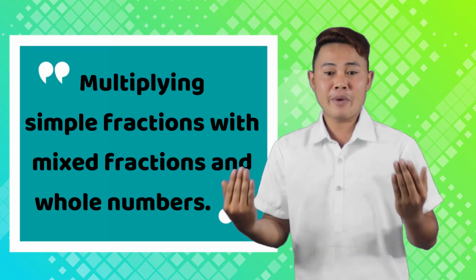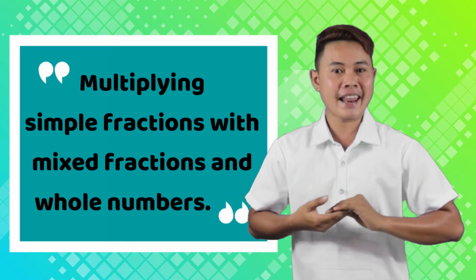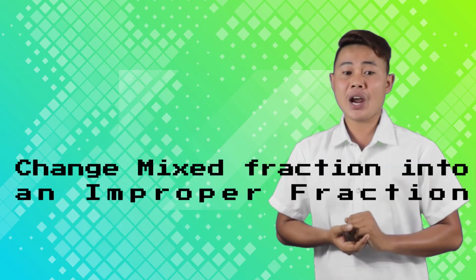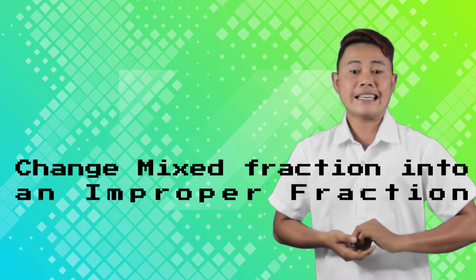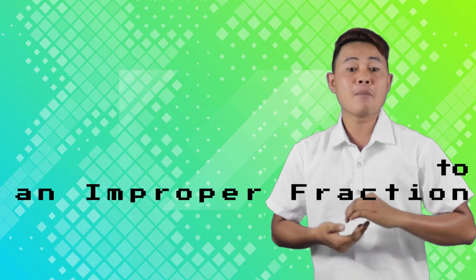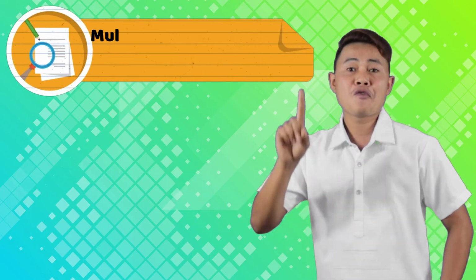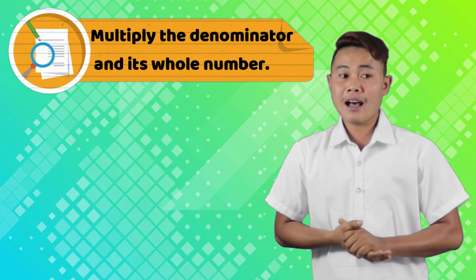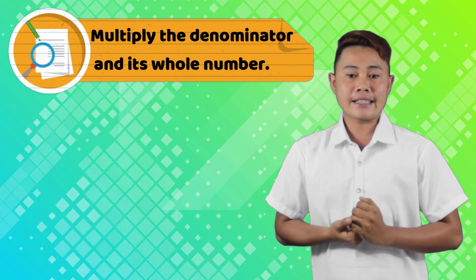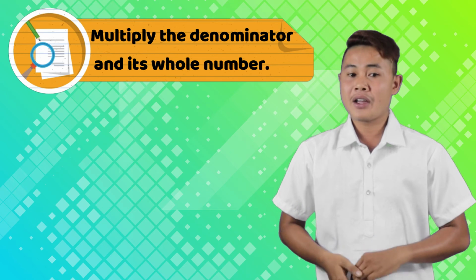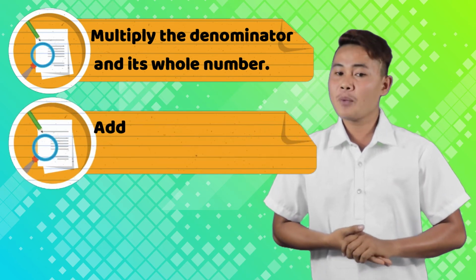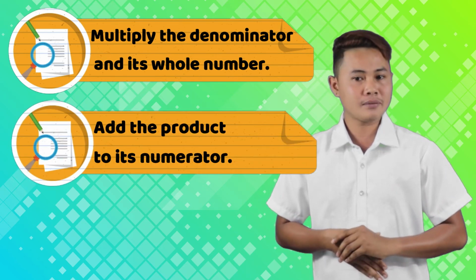At this time, let's proceed to multiplying simple fractions with mixed fractions and whole numbers. Before multiplying, always change the mixed fraction into an improper fraction by these steps. First, multiply the denominator and its whole number. Then, add the product to its numerator.